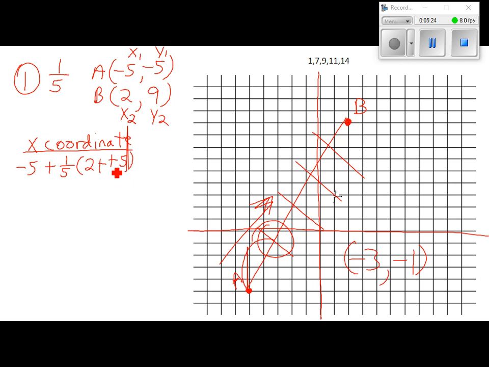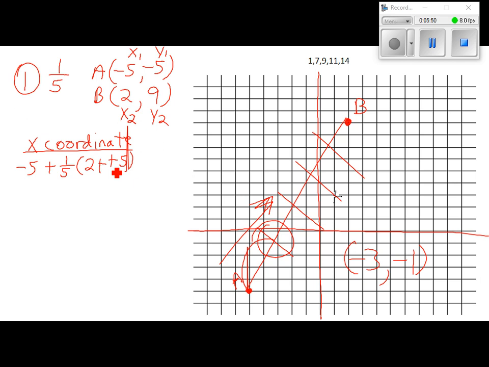I guess that confuses everybody. So instead of using the ABC button, instead of using the ABC button on this, use division.